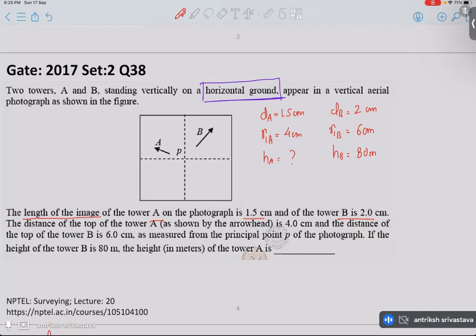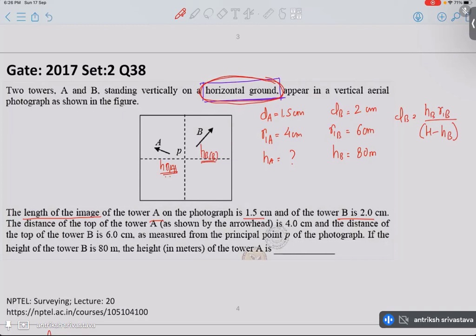For the tower B, we have DB is equal to HB R1B divided by H minus H bottom of B. Now, you have to remember that we have been given a horizontal ground, that means the H bottom of B is same as H bottom of A. That is correct.